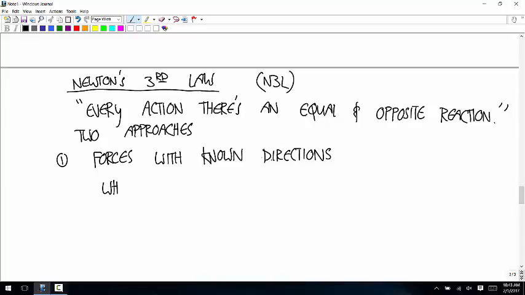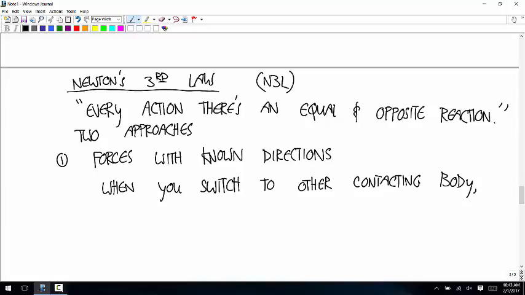So when you're dealing with forces with known directions, when you switch to the other contacting body, keep the variable the same, and switch the direction of the arrow.